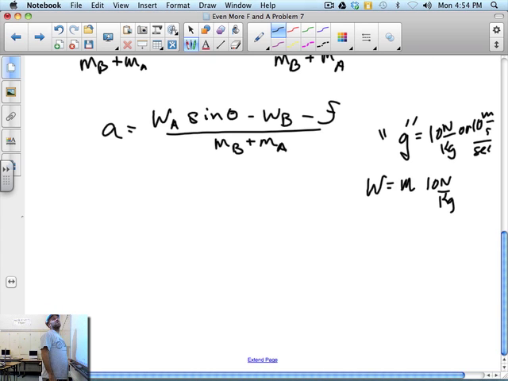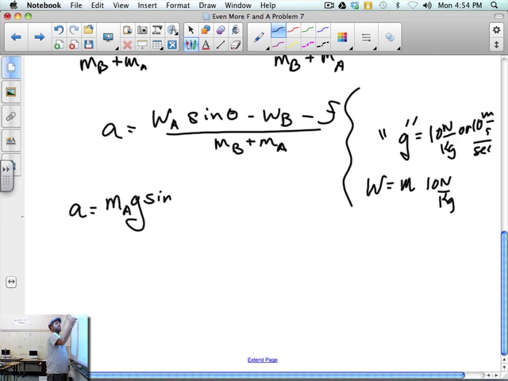It's the gravity field of the Earth with the acceleration due to gravity, which is the same number, and the units are equivalent. So I'll just make it look cute and say acceleration equals mass of object A times g sine theta minus mass of object B times g, right, minus friction.